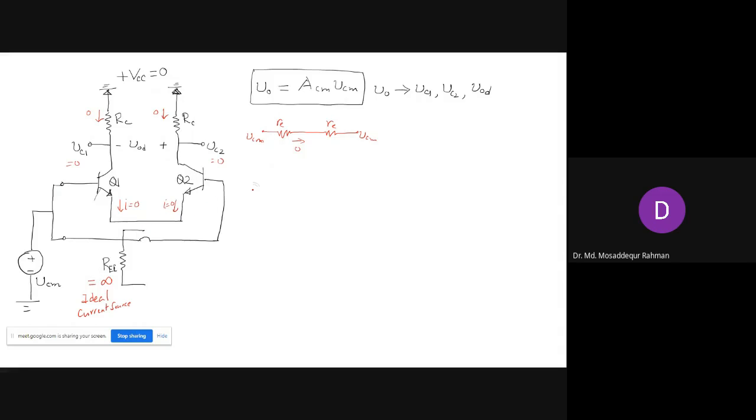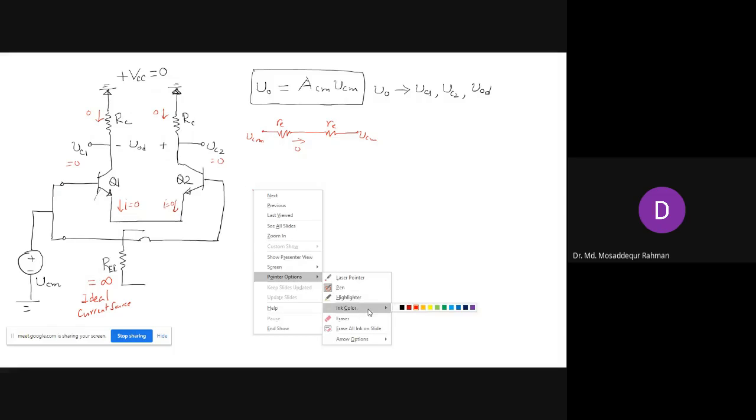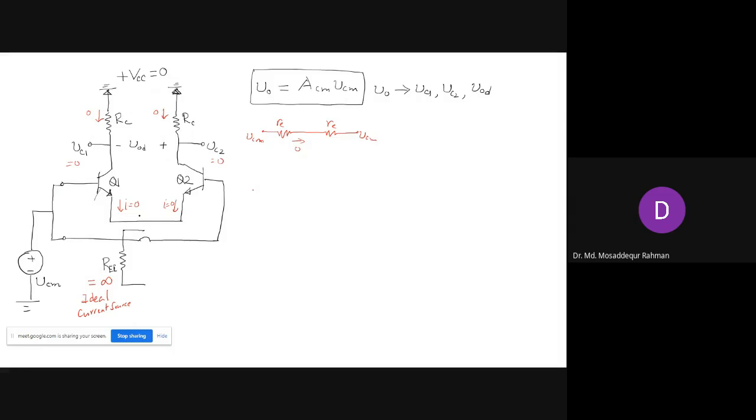The current source becomes open circuit, but you will have this RE connected, that part goes to the emitter, and this part will get shorted to ground, right?